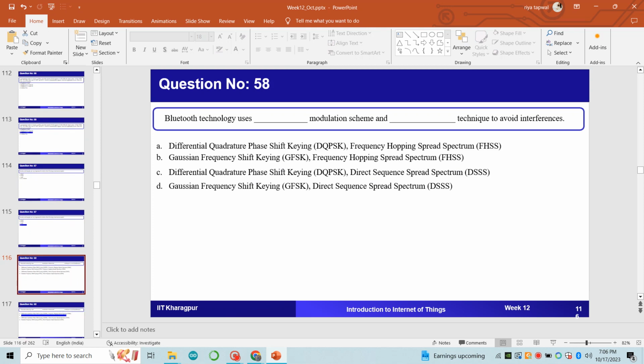Next question is, Bluetooth technology uses blank modulation scheme and blank technique to avoid interference. Options are A is DQPSK and FHSS, B is GFSK and FHSS, C is DQPSK and DSSS, D is GFSK and DSSS.